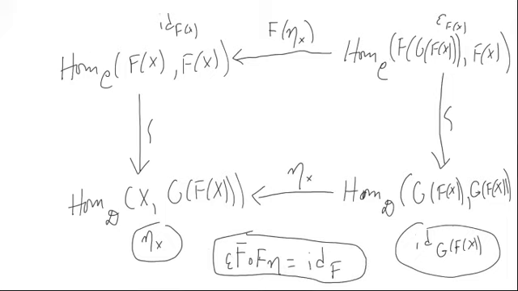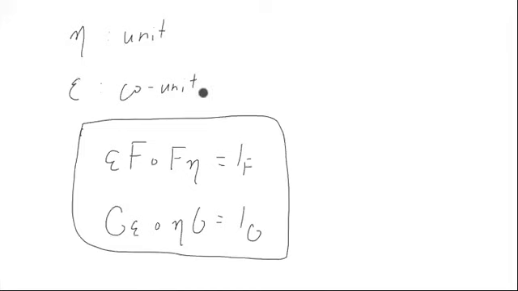This gives rise to something called the unit and co-unit equations, where eta is a natural transformation, or a map. It can be considered that, but I didn't show that in this video. Think of eta x as being that map that we were talking about, but notice it works for every single x.